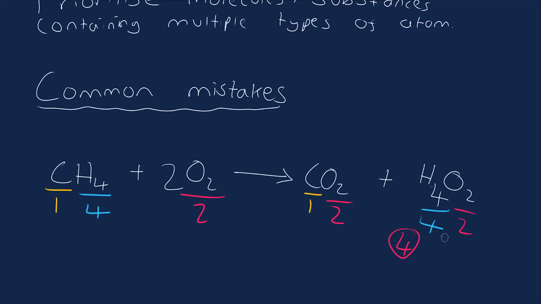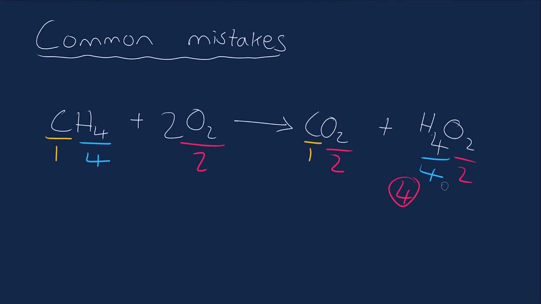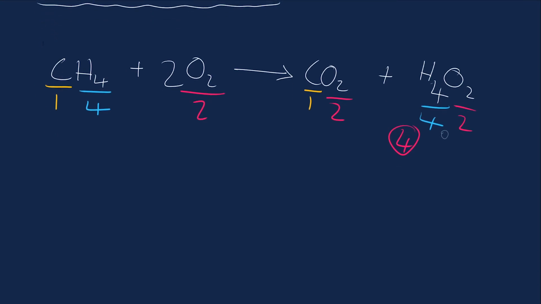And what I've just done there is one of the most common mistakes I see people make. This is something that you definitely do not want to do. What I did to balance it there was change H2O into H4O2 in order to balance it out. Okay?